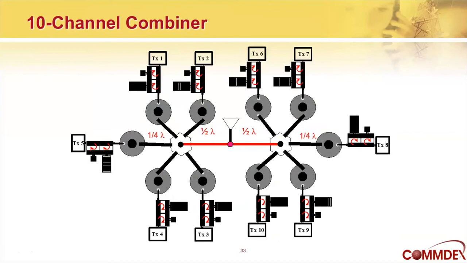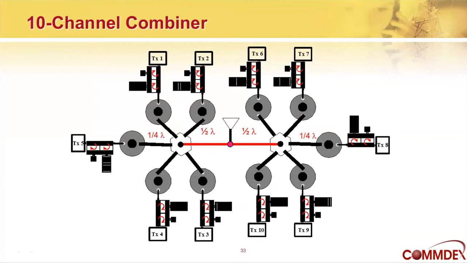So if you look at the perspective of any one transmitter, it sees a total of half wavelength between it and the antenna, or should I say 3/4 wavelength between it and the antenna, which looks like a low impedance.